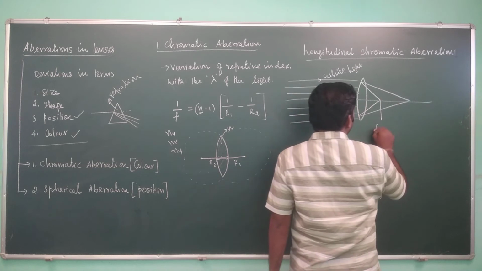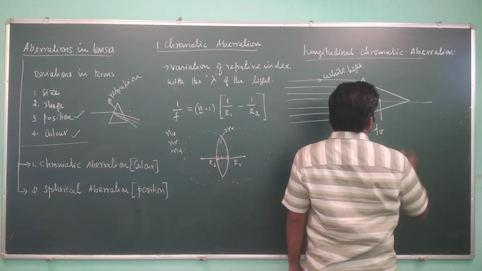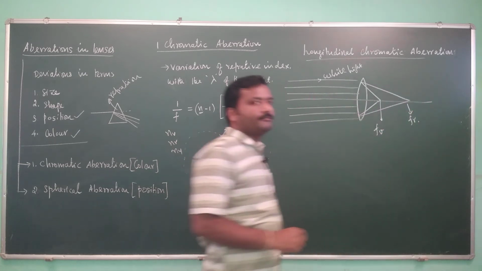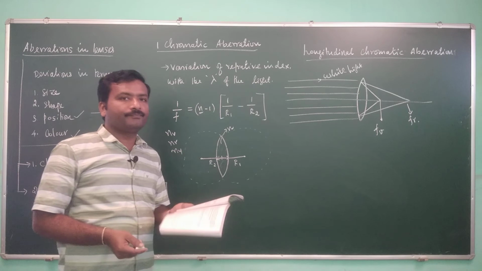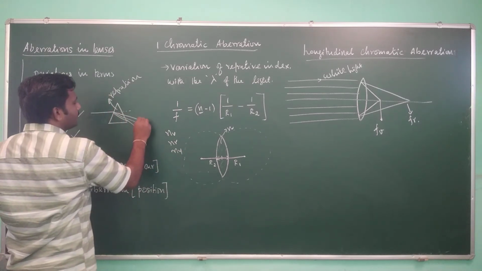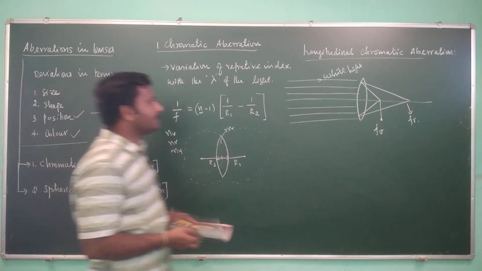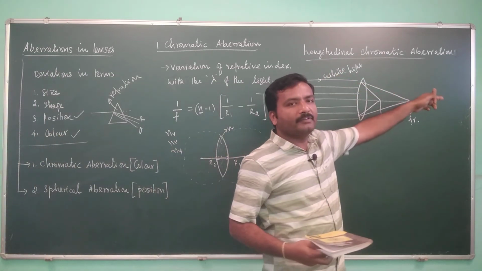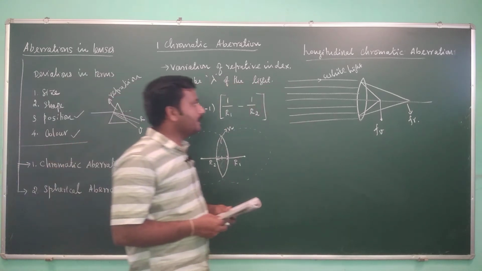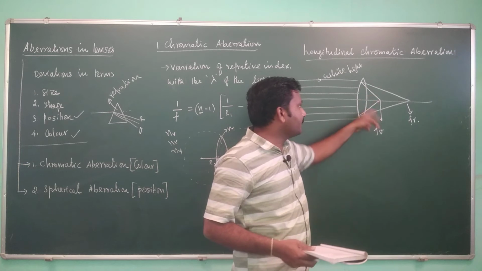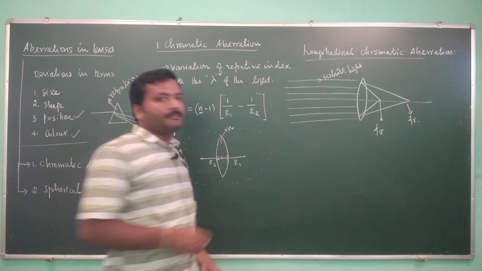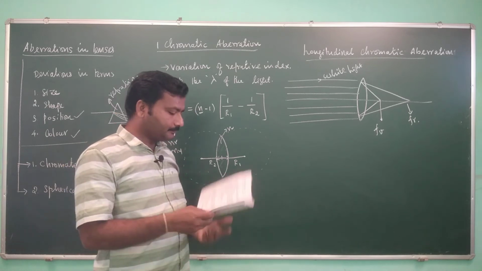This point will be the focal point of violet color, and this point will be the focal point of red color. Violet is deviated much more when compared with red. So red gets little deviation when it passes into a lens. When the lens shows prismatic action, violet is deviated much, so it is focused at the closest distance from the lens.